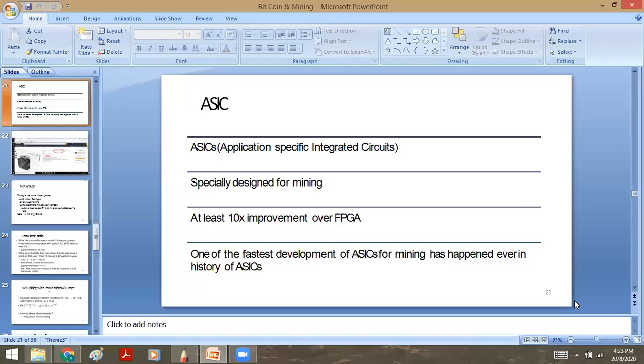Now someone asked, what if only a few players are mining the Bitcoins? I will explain that when discussing mining pools. ASIC is a chipset specially designed for this, and it gives a 10x improvement over FPGA.